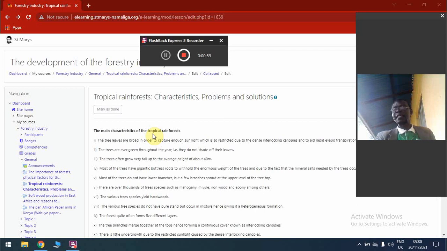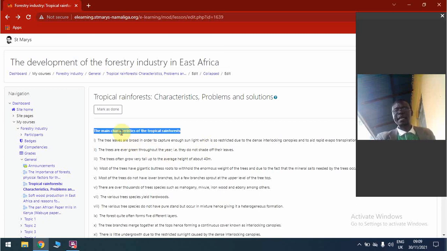You study it critically, and you will find that most of the characteristics that we are going to discuss here are there in that photograph. Then probably I will also put for you a video of the tropical rainforests so that you will see those characteristics critically.